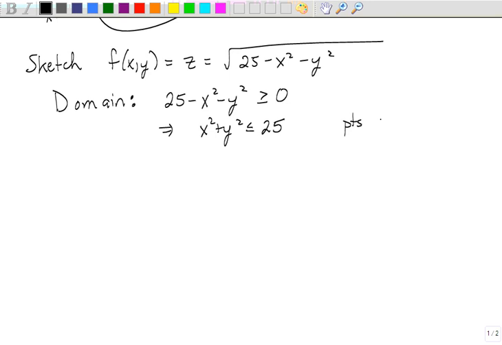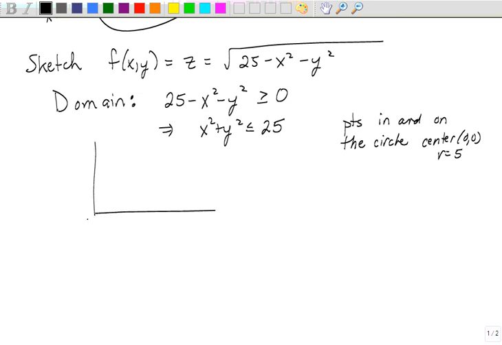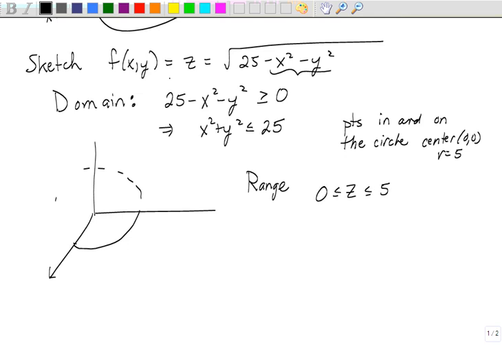So it's the points in and on the circle, center (0, 0), radius 5. So you have this in the xy plane, that's your domain. Your range: since x squared plus y squared is less than or equal to 25, z is going to be between 0 and 5, because the square root is nonnegative, but it can't be bigger than the square root of 25, which is 5.